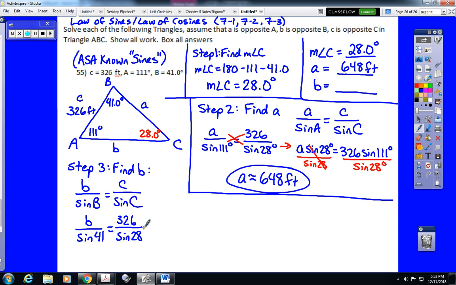We're going to do the exact same work. We're going to cross multiply, which would give us b times the sine of 28 degrees equals 326 times the sine of 41 degrees. And then we're going to divide by the sine of 28 degrees.